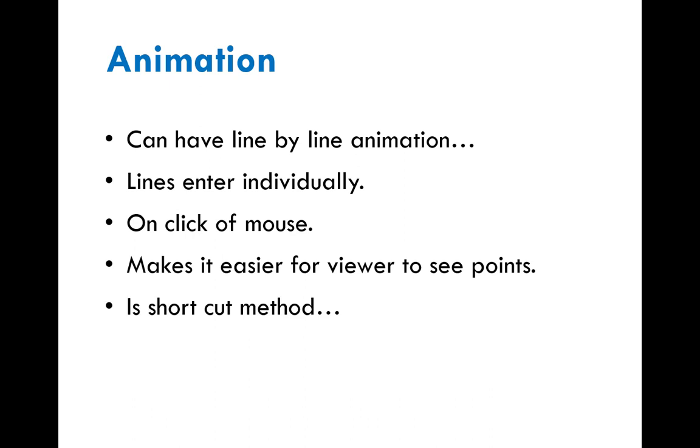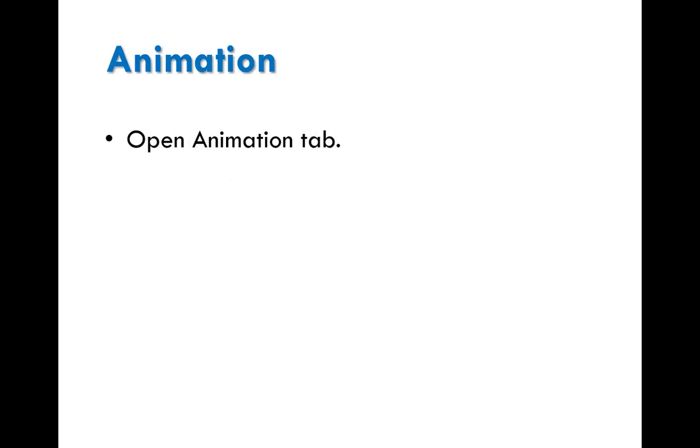And there's a shortcut method. You don't have to do line by line by line. If you want to add animations like I have here, again, there's a whole bunch of different choices. I'm simply using the most simple form. So if you want to do this, you just open the animation tab in your ribbon and you can highlight each line in order.